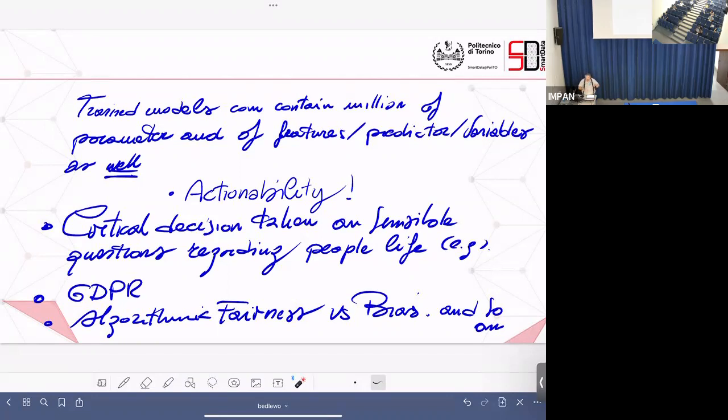One of the themes is related to understanding the role of the various features involved. Why is this important? For several reasons. You know that nowadays many of these models are in production and are used to make decisions concerning people's lives, related to health issues, insurance, justice, whatever.